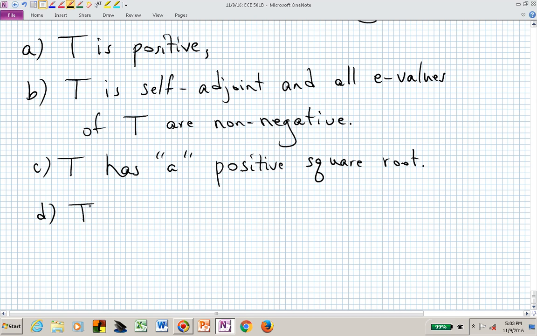Statement D, T has a self-adjoint square root.